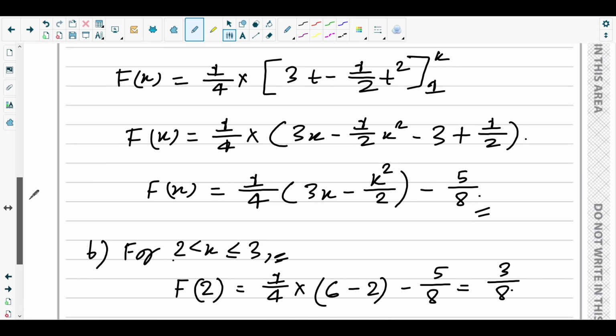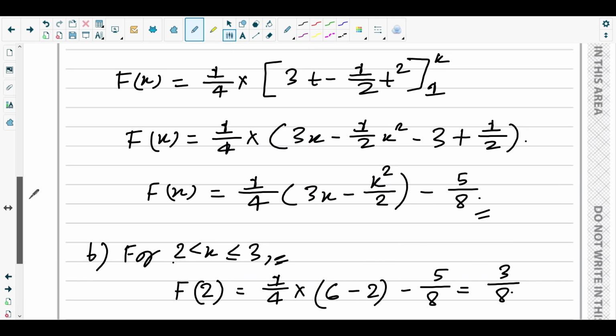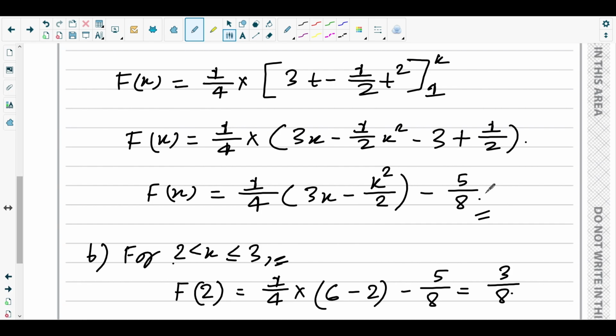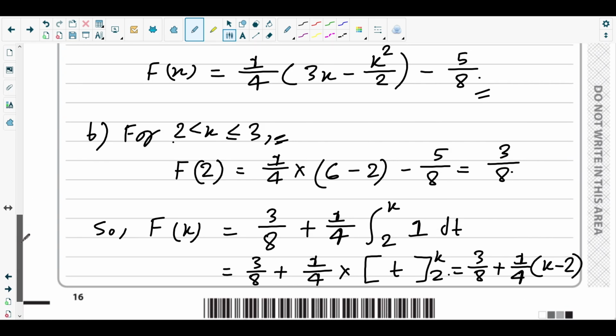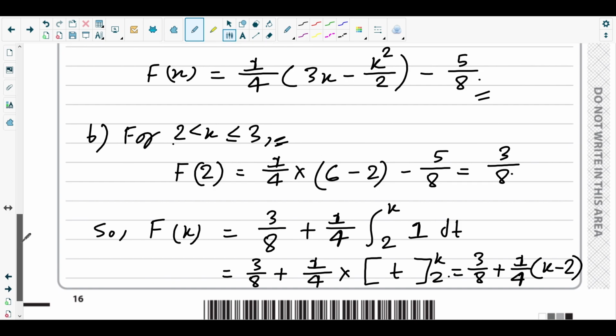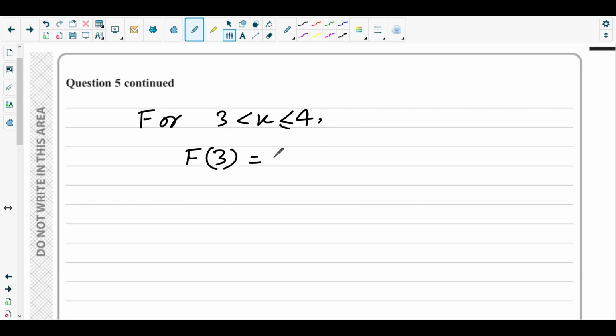For the previous interval, we didn't take anything common, we kept it as it is, so it's not a problem to keep it as it is. So to find f of 3, put 3 there. So 3 minus 2 is 1, right? So 3 over 8 plus 1 over 4 times 1. That is basically 3 over 8 plus 1 over 4, which gives you 5 over 8.